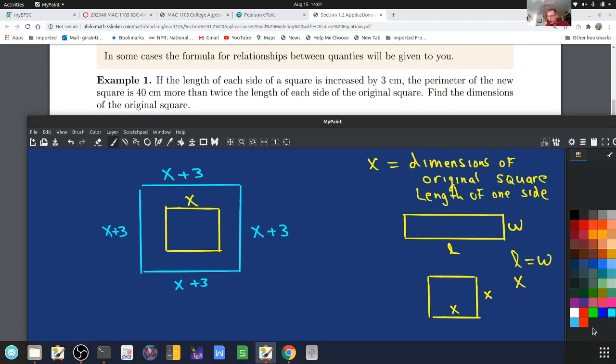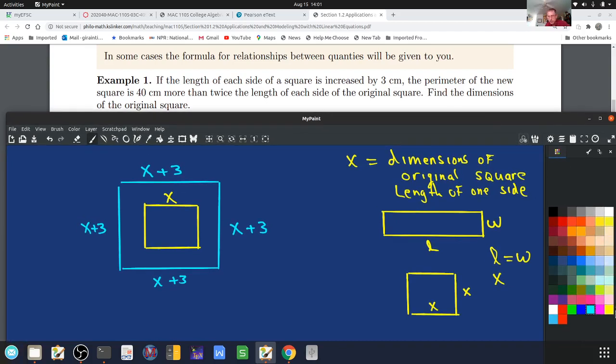And just a reminder that each dimension here, x just stands for the length of each side, and they're all the same. So you have to figure out what the perimeter is.